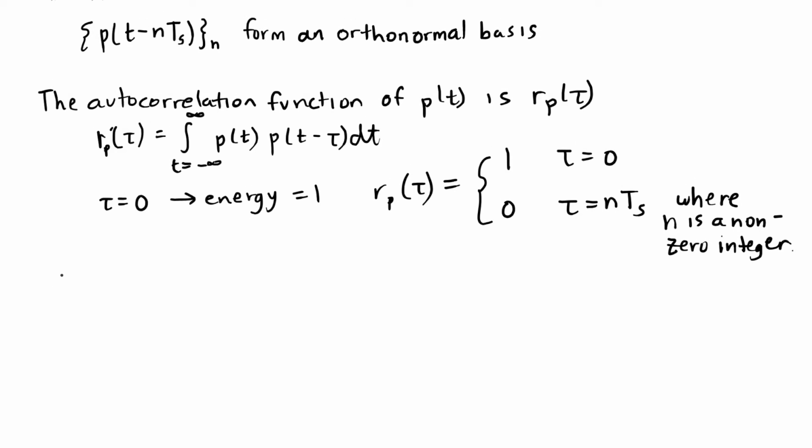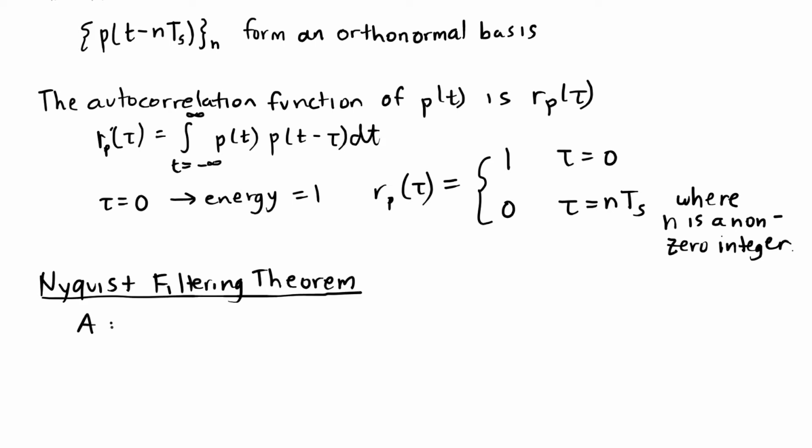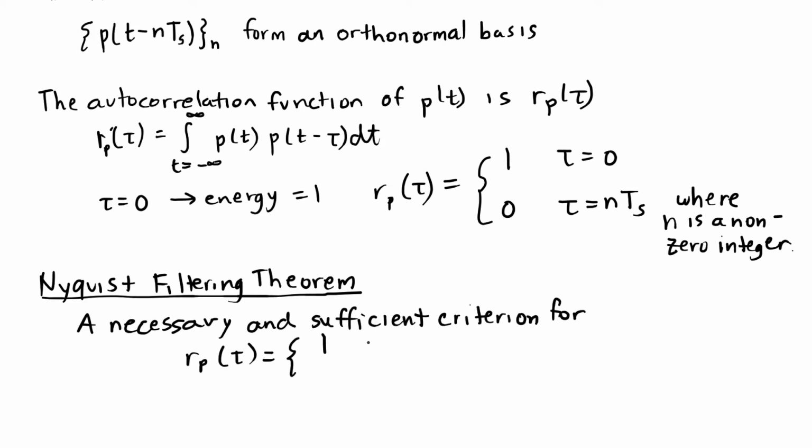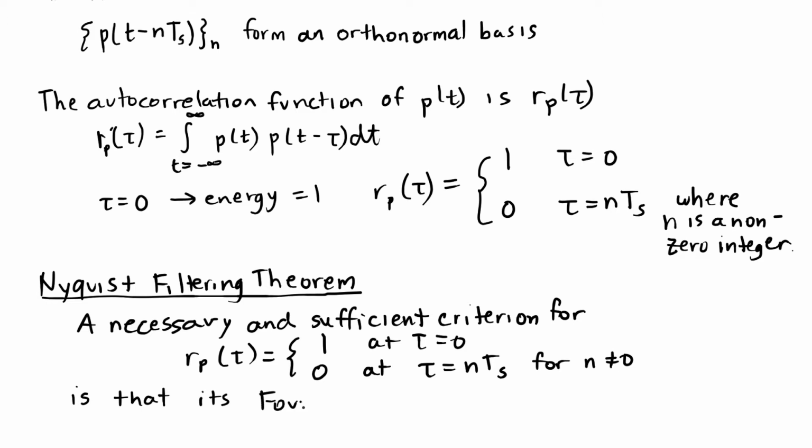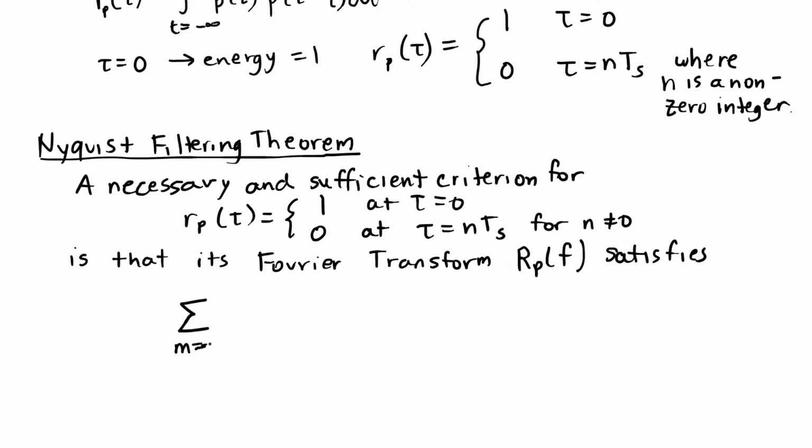The Nyquist filtering theorem says that a necessary and sufficient criterion for this condition that we need, that Rp of tau is equal to 1 at tau equals 0, and 0 at every other integer multiple of t sub s, is that its Fourier transform satisfies this condition: that the sum of copy and pasted different versions of Rp of f, copy and pasted at every integer multiple of 1 over t sub s, is equal to a constant of t sub s.